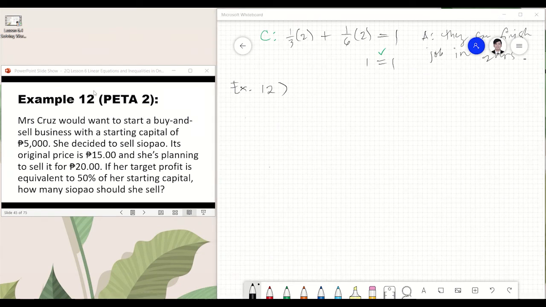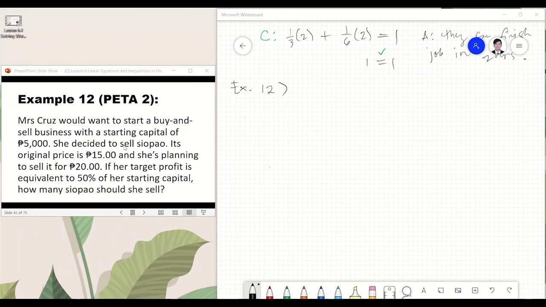Mrs. Cruz would want to start a buy and sell business with a starting capital of 5,000 pesos. So she decided to sell Siopaw. So its original price is 15 pesos. And she's planning to sell it for 20 pesos. So ito yung ibig sabihin ng ating buy and sell. So, bibili ka ng 15 pesos then isa-sell mo siya ulit para meron kang profit.